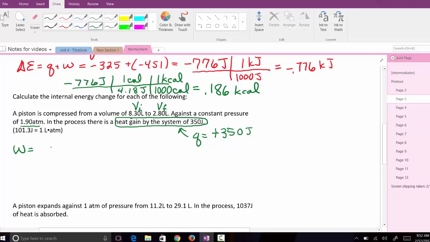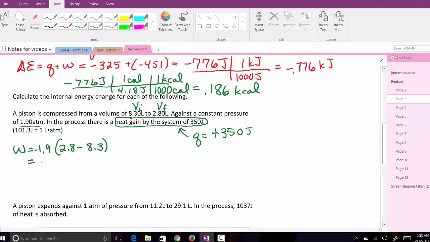My work is going to be negative 1.9 times V final, which is 2.8, minus V initial, which is 8.3. So that's going to give me, let's see what we get, 2.8 minus 8.3 times 1.9.